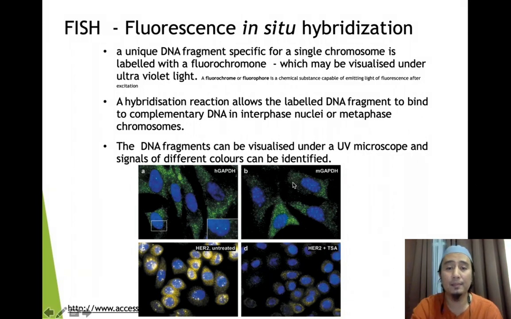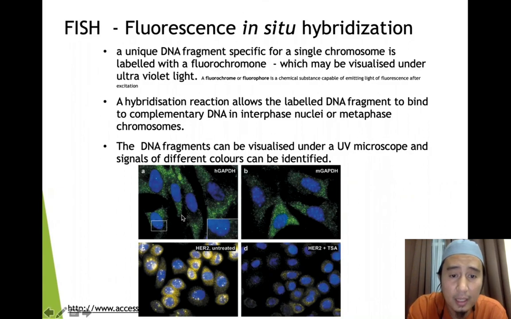So this is an example of FISH analysis. If you can see here, this is the nucleus of the cell. I think this is HEK293 cell. The blue color is the nucleus. In the nucleus, of course, there is DNA, chromosomes and the gene. When you put a probe, incubate it for a while and observe under a UV microscope, you can see a green dot appear.